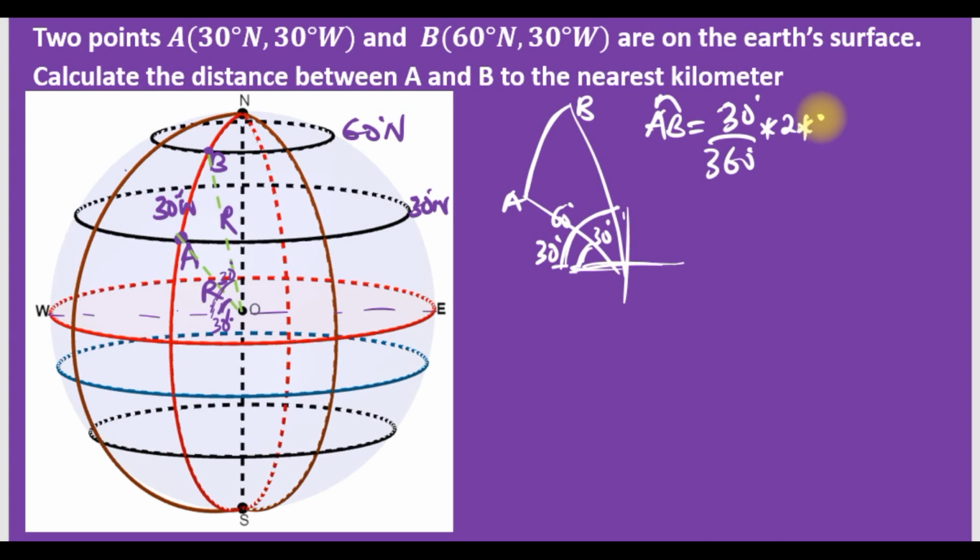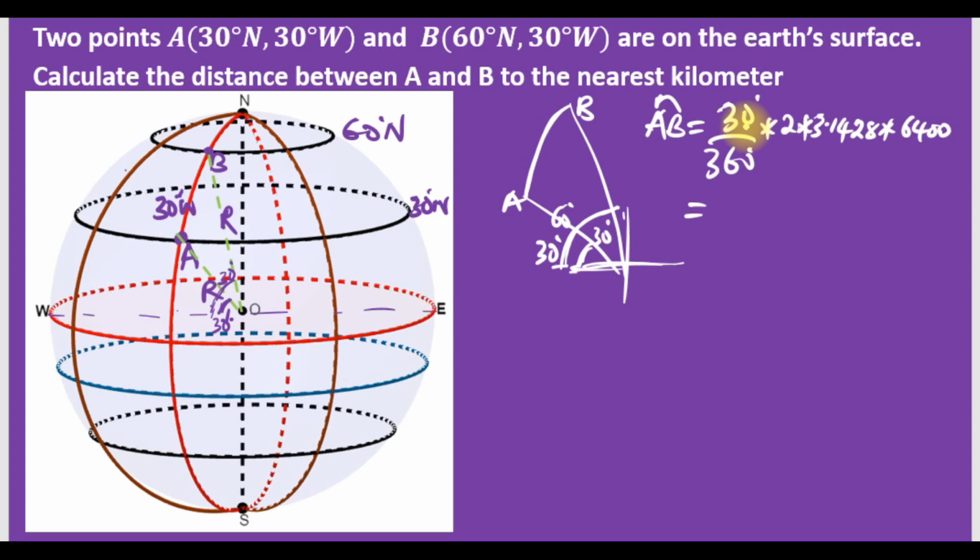So we take pi as 3.142, times the radius of the earth, r. We normally take the radius of the earth as 6,400 kilometers. So we use our formula 2 pi r. Let me get my calculator.